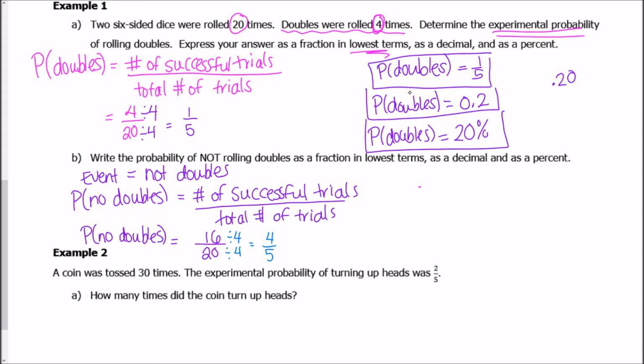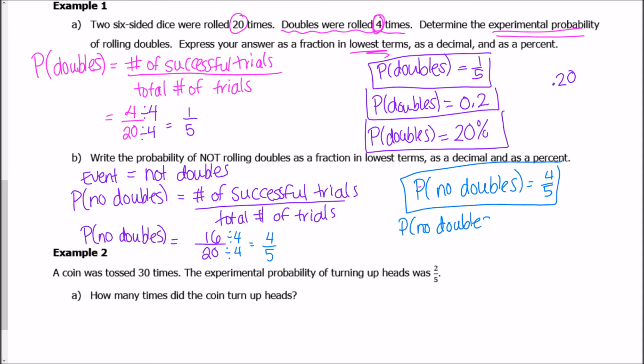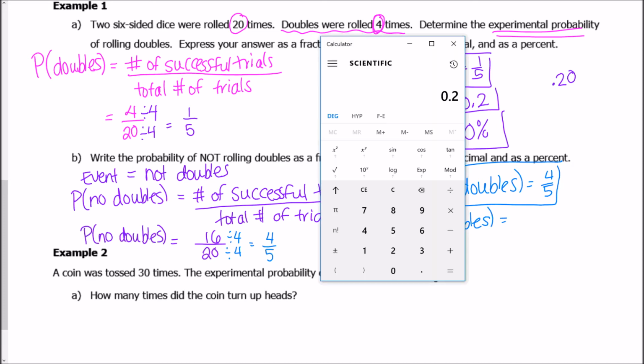And that should make sense to you, because if the probability of doubles is 1/5, then the probability of no doubles should be 4/5. So we'll say probability of no doubles is equal to 4/5. Now, as a decimal, I'm just going to take that number and type it into my calculator. So I'm going to take 4, divide that by 5, and I get 0.8.